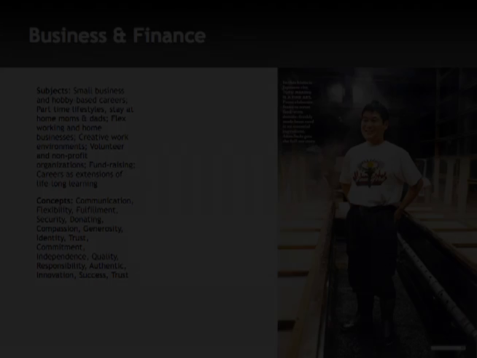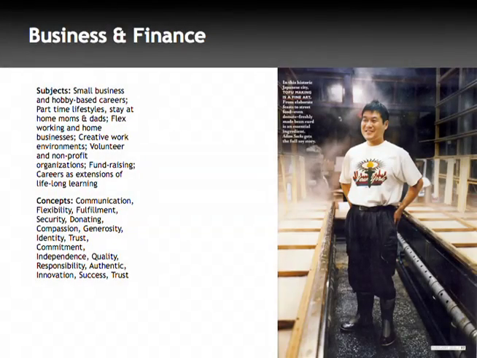And then business and finance. Small businesses and hobby-based careers are really taking off, especially in this economy. Part-time lifestyles that are just more flexible, stay-at-home moms and dads, again, flexible working and home situations, creative work environments, volunteering in nonprofit organizations, which ties into that aspect of community that keeps coming up, fundraising, and careers as extensions of lifelong learning.